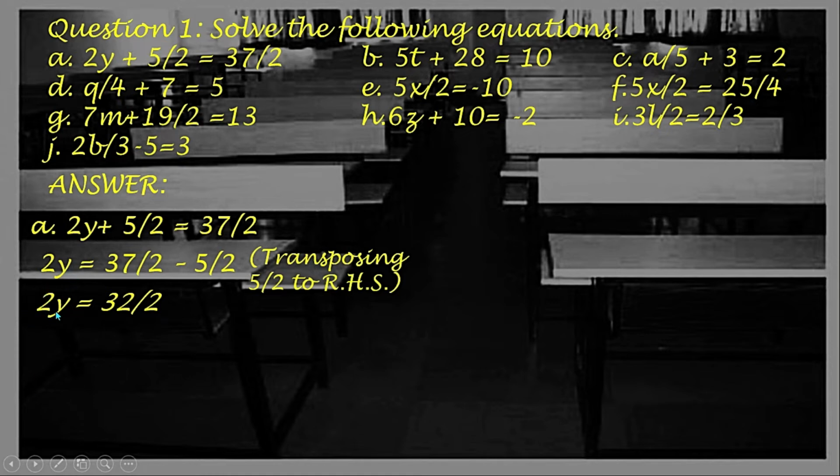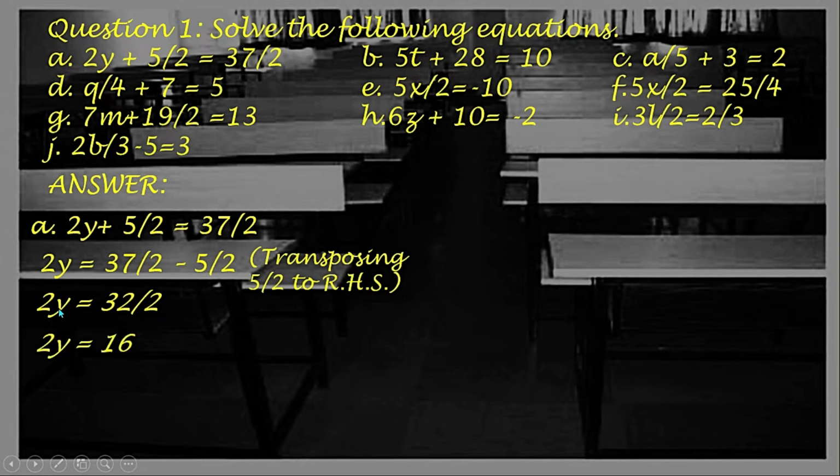So 2y means 2 multiplied by y. I already explained in the previous video, in that type of question we write the opposite of it. So the opposite of multiplying by 2 is what? Divide. So in place of multiplying by 2, we will divide by 2 on both sides.